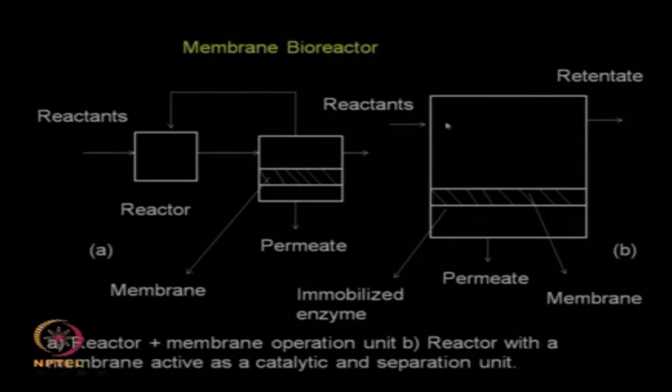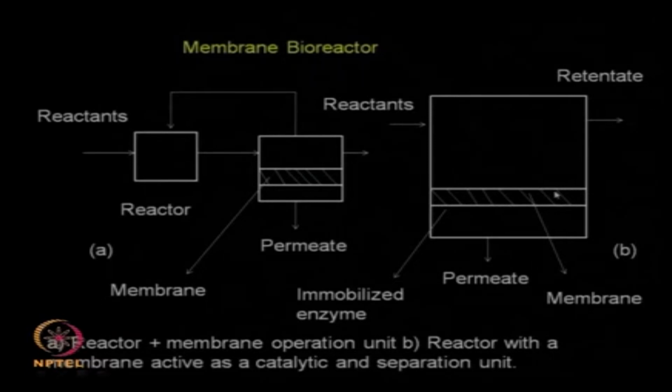So the feed, when it comes in contact with the membrane which contains my catalyst, it will get reacted and the product will permeate through and go out. So the enzyme itself is immobilized on the membrane material.